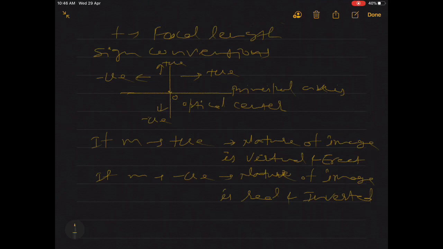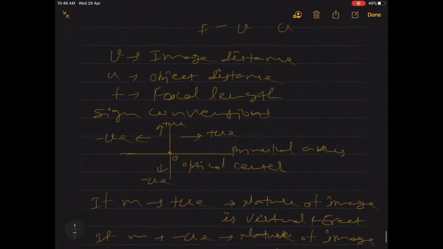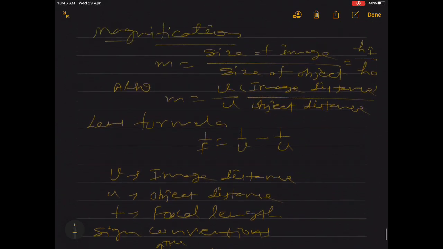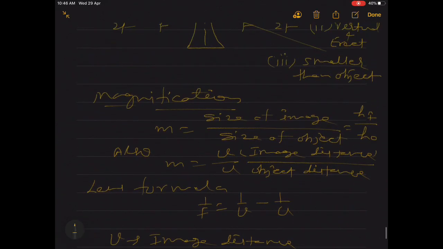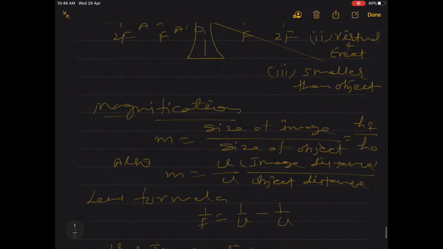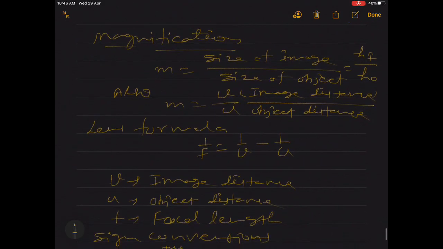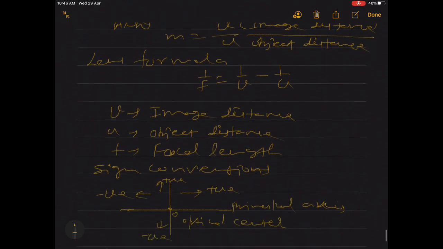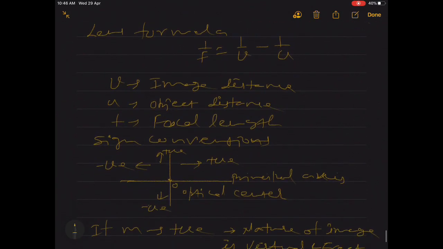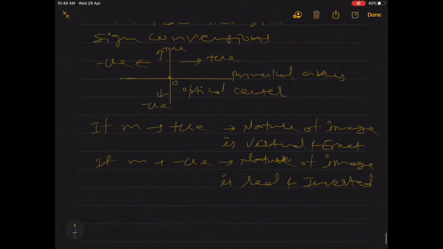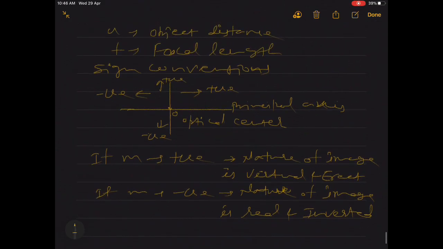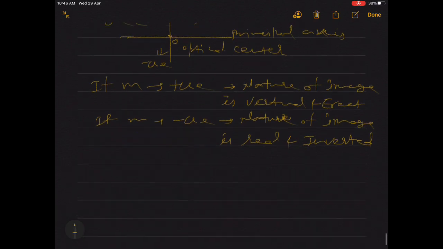So these are two very important concepts when we talk about image formation by lenses and the numerical problems based on these two mathematical formulas. I hope you understood these two concepts.